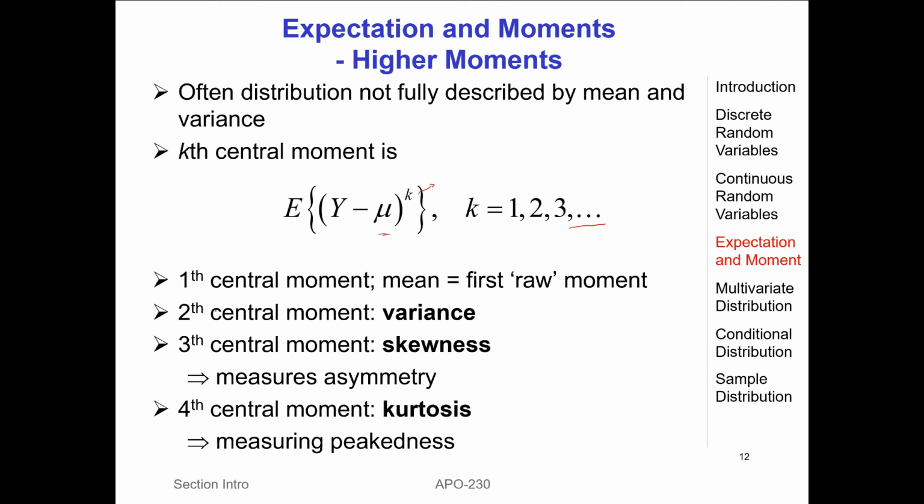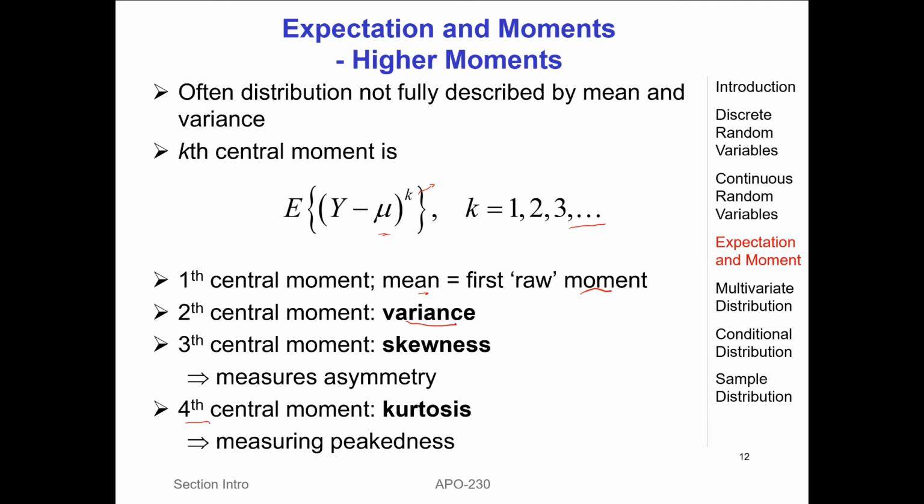So we have seen the first central moment when k equals 1, that's the mean, also called the first raw moment. The second central moment when k equals 2 is the variance. And then we have the third central moment to characterize the skewness, how symmetric or asymmetric a distribution is.